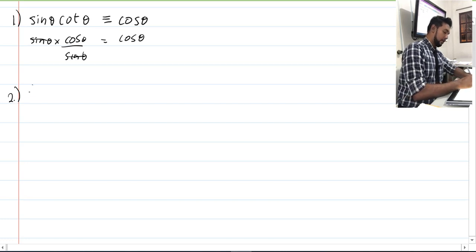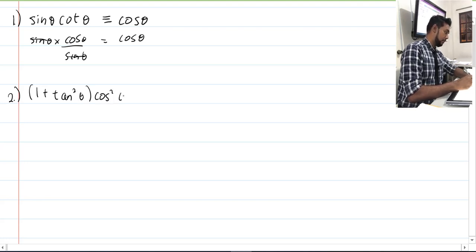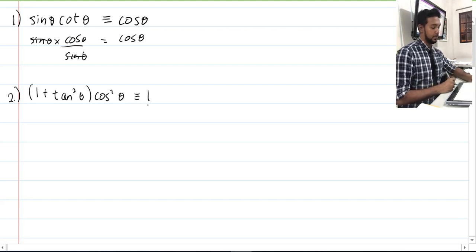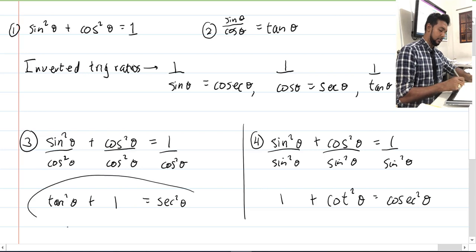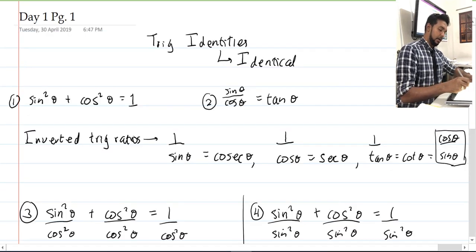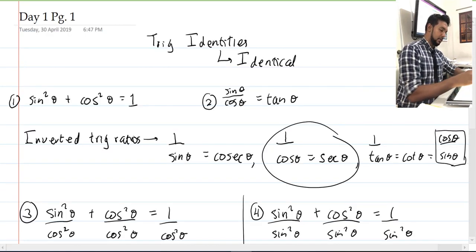All right, the next one we have 1 plus tan squared theta multiplied by cos squared theta is identical to 1. All right, now from our original things, 1 plus tan squared was sec squared. And 1 over cos is sec.